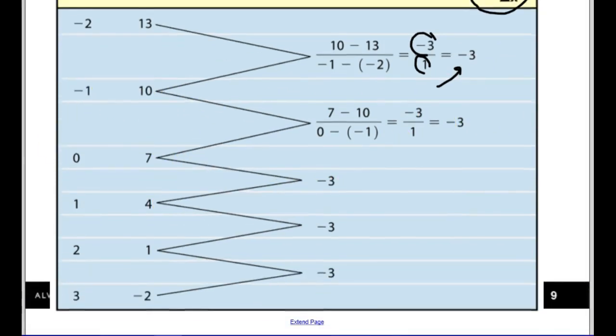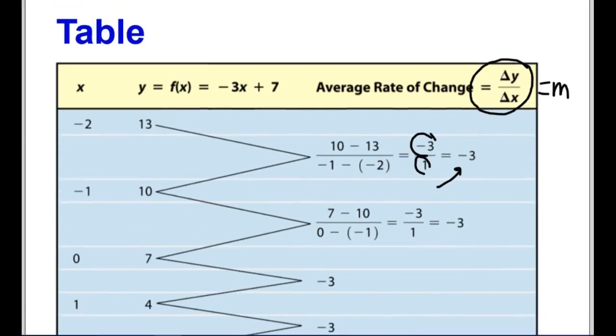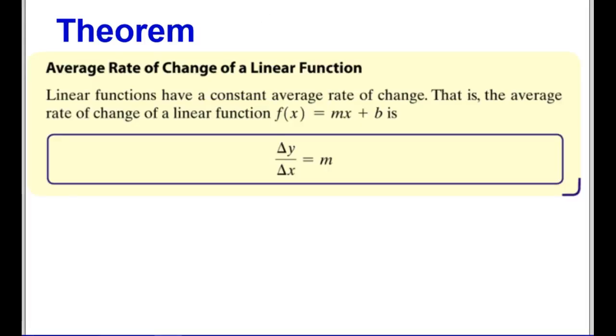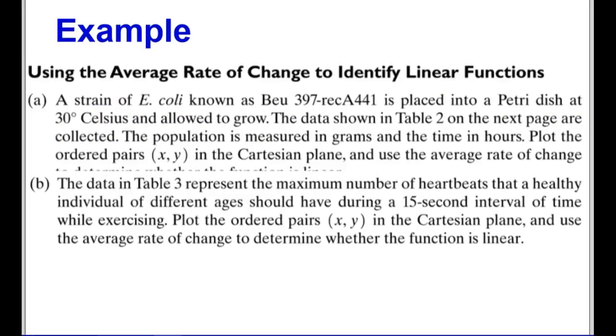So since my average rate of change is the same for all of them, I know that yes, this is a linear function. That's how we can use average rate of change to help us determine if we're looking at a linear function or just any other kind of function. Again, our average rate of change, delta y over delta x, is the same thing as our slope, rise over run. And we've looked at that many times before.